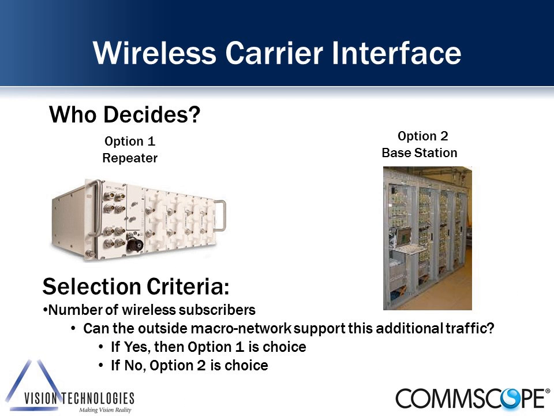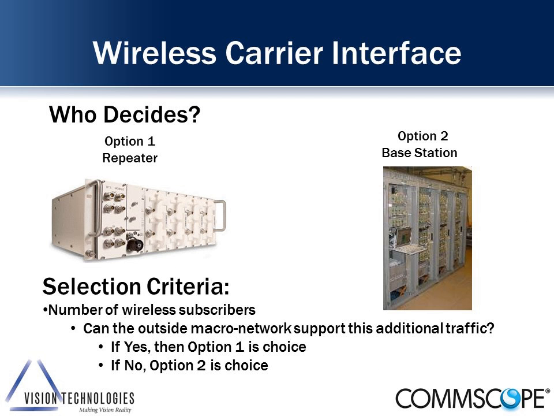Okay, so the next question, and a key component when you're talking to a client, is who decides which particular way you go? Who decides whether it's going to be a repeater or it's going to be a base station? And that decision is made by each one of the wireless service providers because we are touching their network. So they're going to ask certain questions.